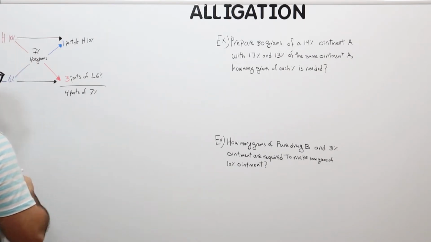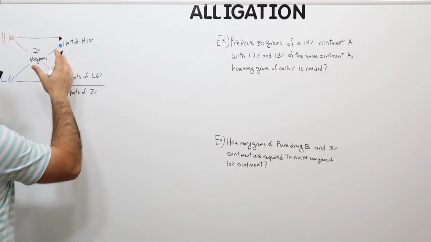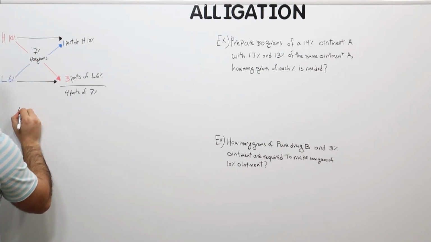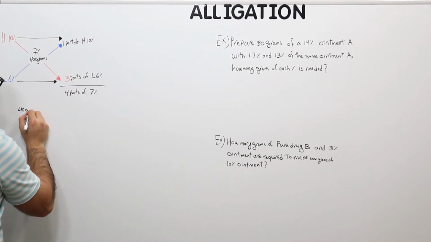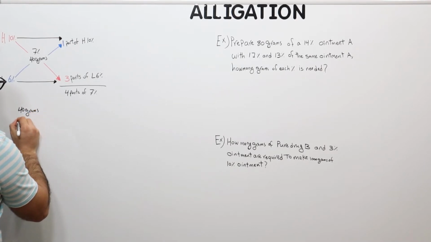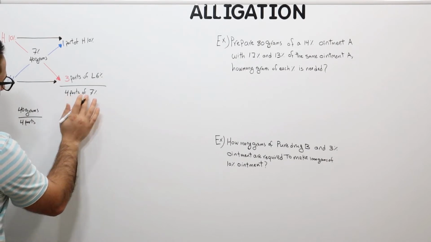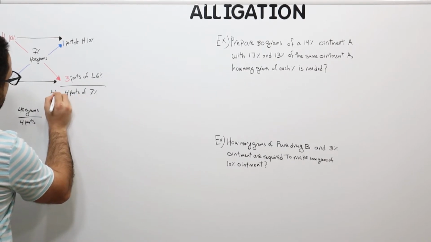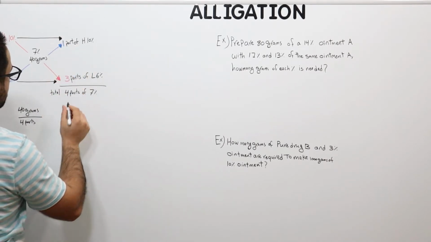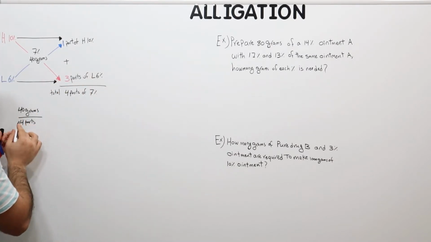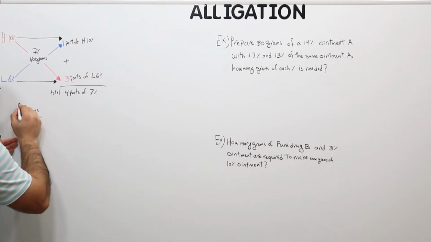What we're going to do next is find how many grams there are per part: divide 40 grams over 4 parts. This 4 is the total from both of them, adding these two up. So 40 over 4 is basically 10.